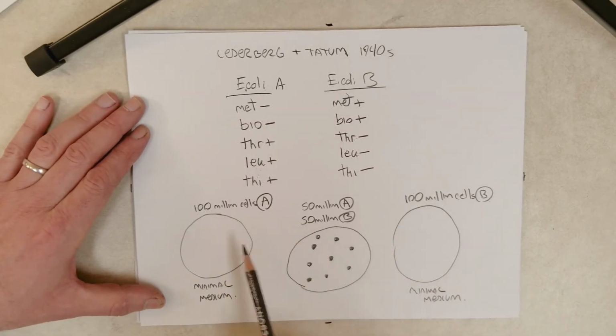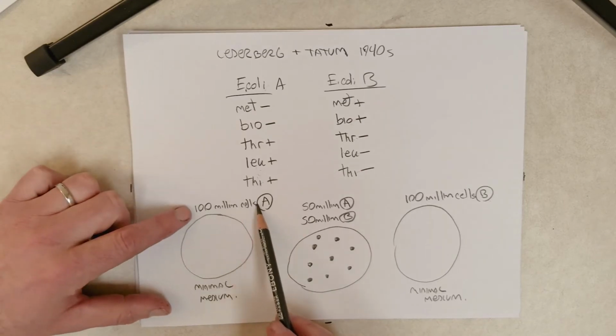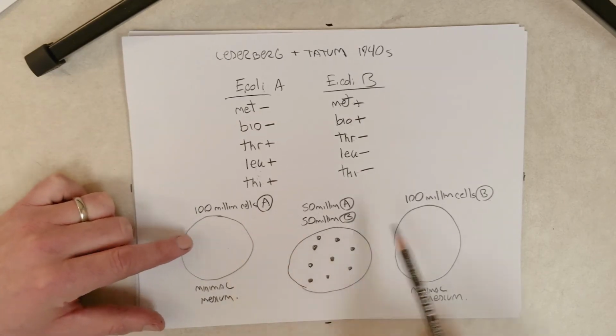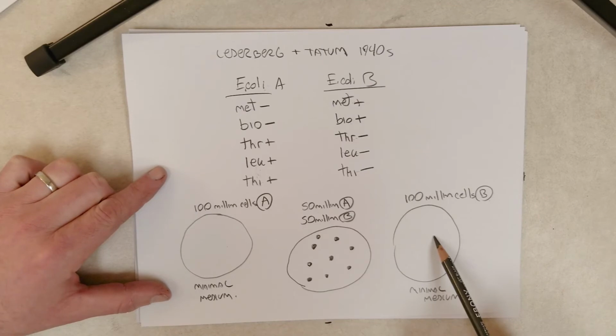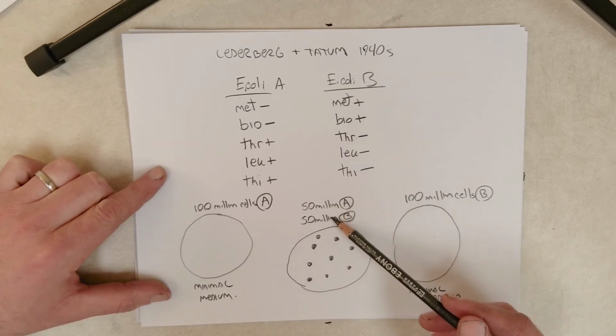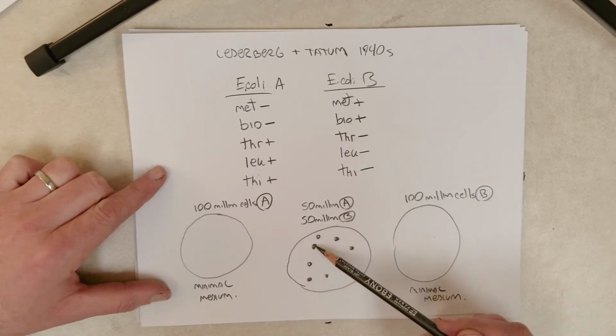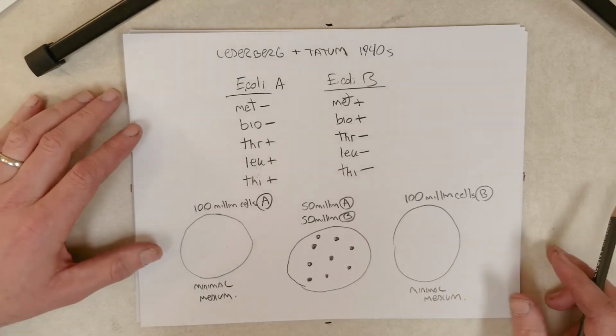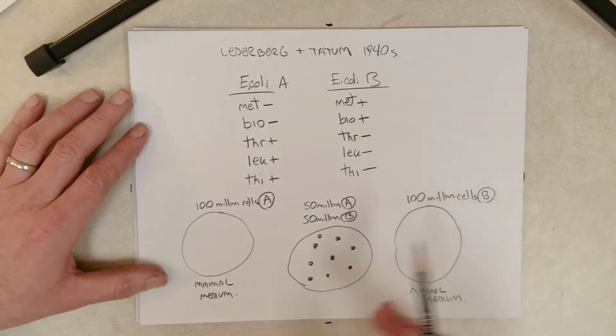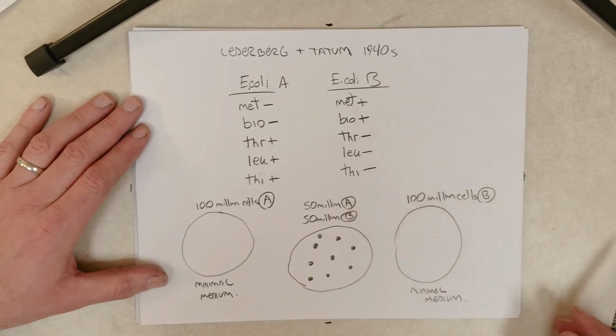There's a contrast here. When we plate 100 million cells of A, no survivors, 100 million cells of B, no survivors. But when we mix them and plate the same number of cells, we see lots of colonies. I think it was like 10 or something like that.